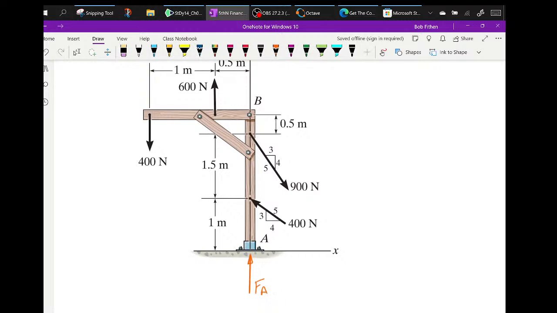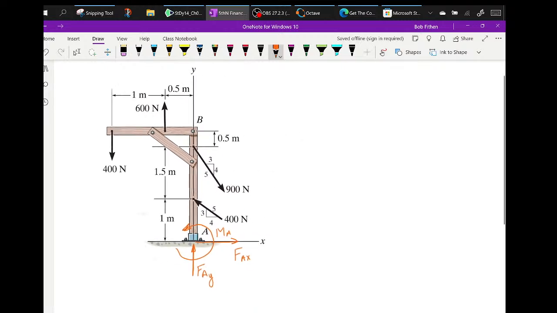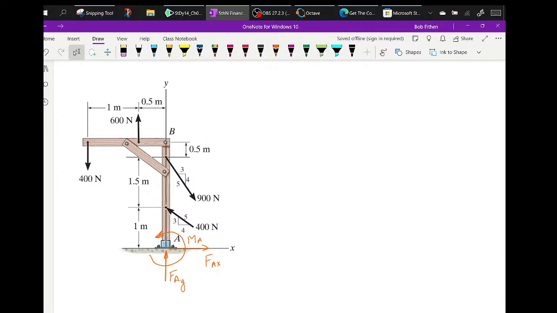I'm sorry, that's Y. And then I'm going to assume here's force AX. And I'm just going to assume there's going to be some sort of moment here, which the ground is going to have to supply so that this thing doesn't break apart.